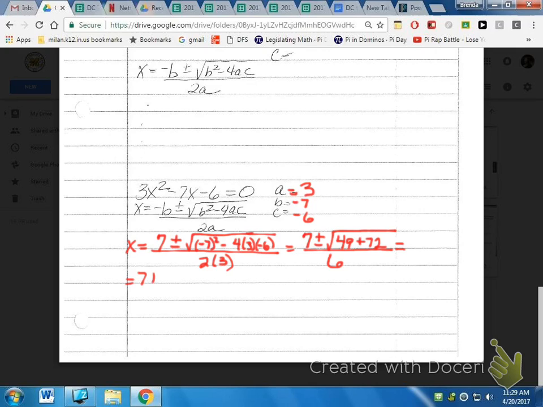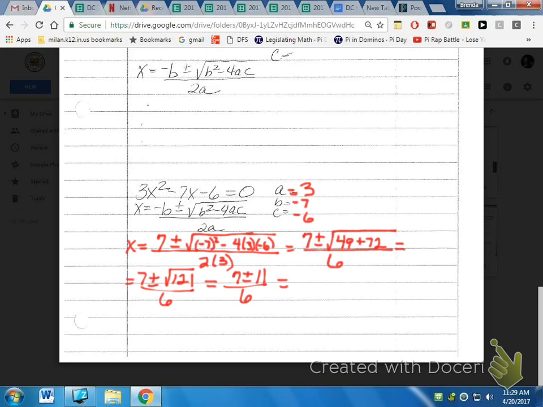So 7 plus or minus the square root of 72 plus 49. Oh, nice. 121 over 6. And last time I checked, square root of 121 is 11.